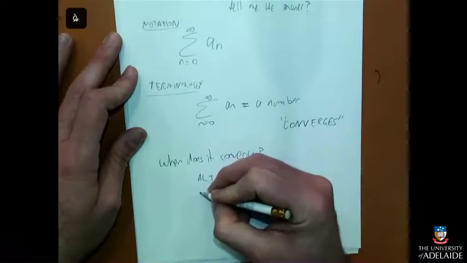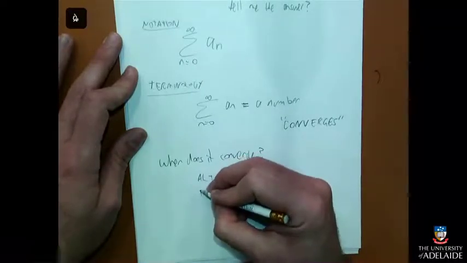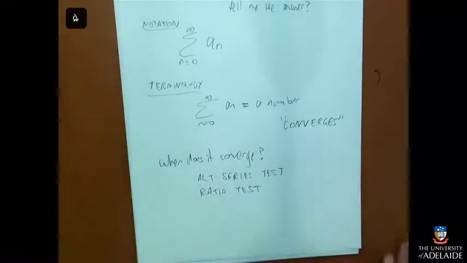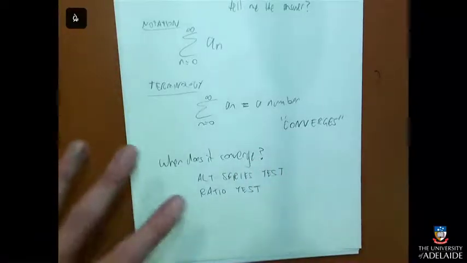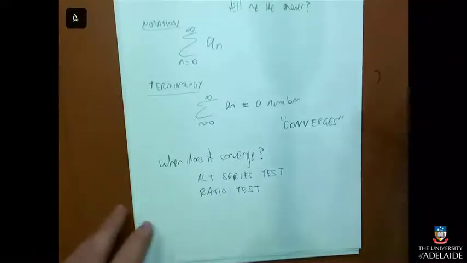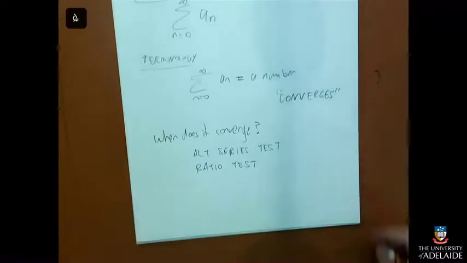and the ratio test, right? And if you do real analysis 2 in second year, you'll learn a list of other tests, like the integral test and the comparison test, and, can't remember most of the others. Okay, when does it converge?